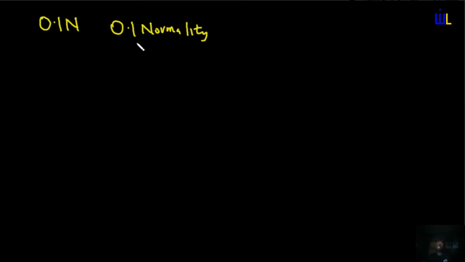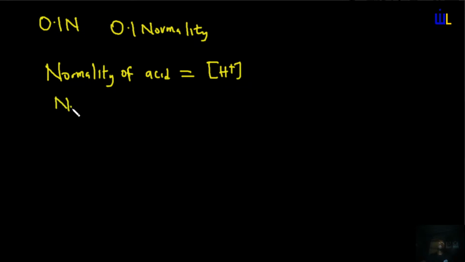Once they say normality, just know that it's the concentration of the ion. So when you describe normality with respect to acids and bases, normality of acid is the concentration of hydrogen ion, while normality of base equals the concentration of hydroxyl ion.